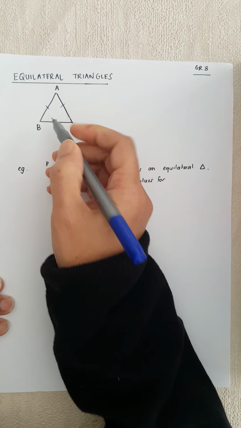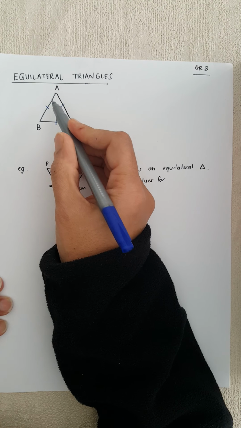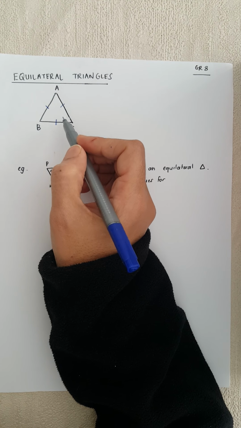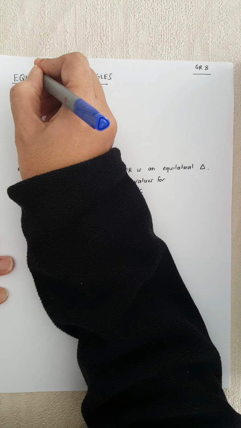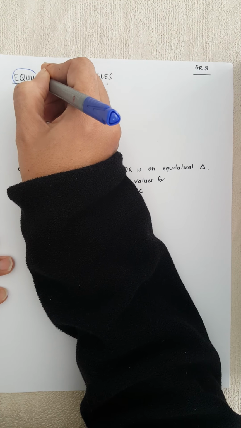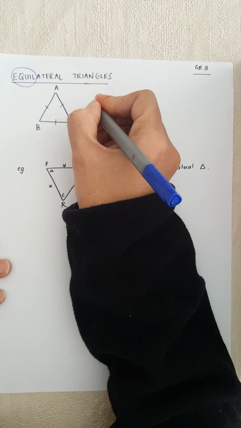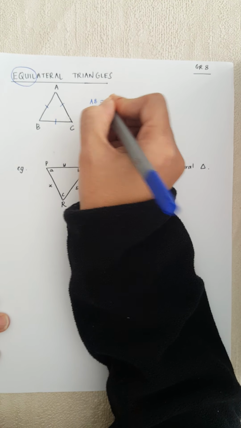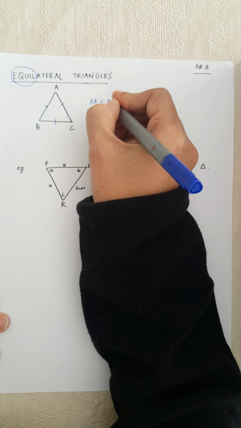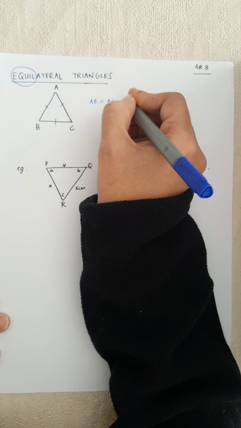Remember when we did an isosceles triangle, we only had two lines and we said two sides are equal. Now what's happening in an equilateral triangle? This part is telling you that everything is equal. So in triangle ABC, AB is equal to AC and it's equal to BC.